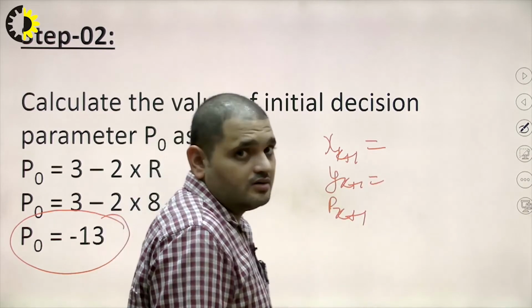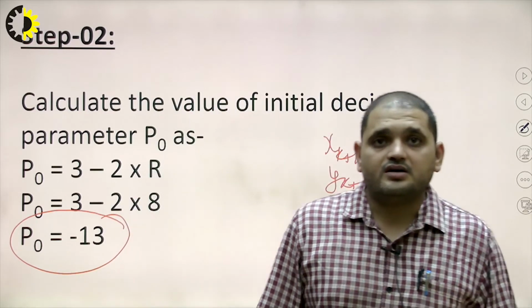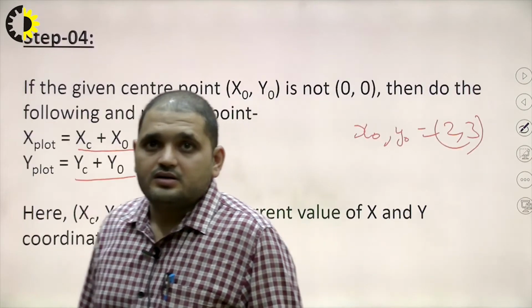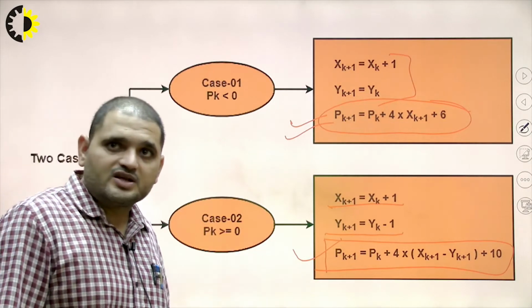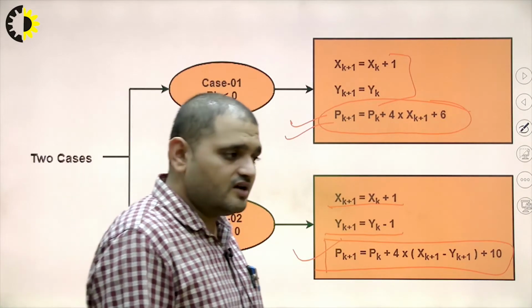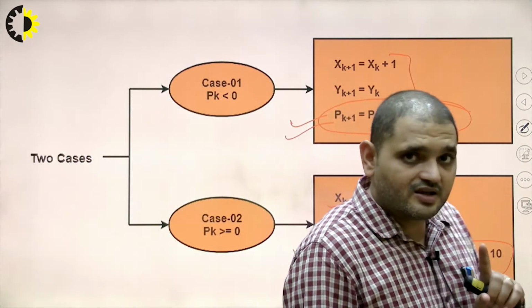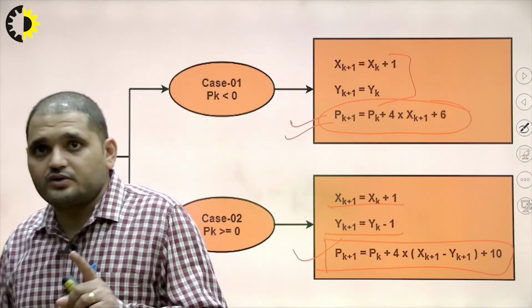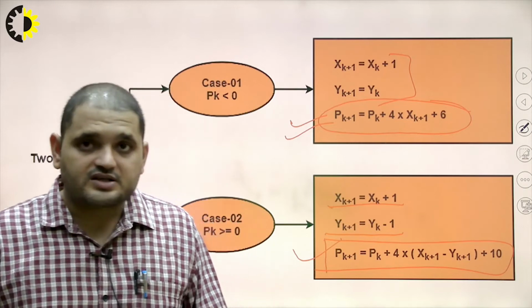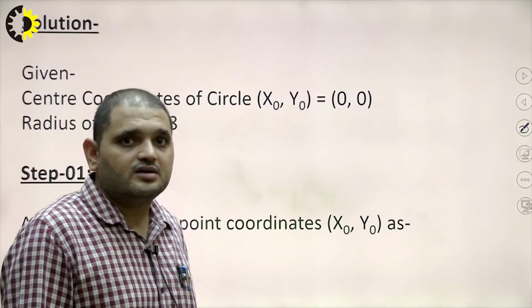So just recall, I can move back a slide. So here you can see, for less than 0, xk plus 1 will be, 1 is incremented in x, y will remain the same, and pk plus 1 equals pk plus 4 into xk plus 1 plus 6. So we can do the same here.